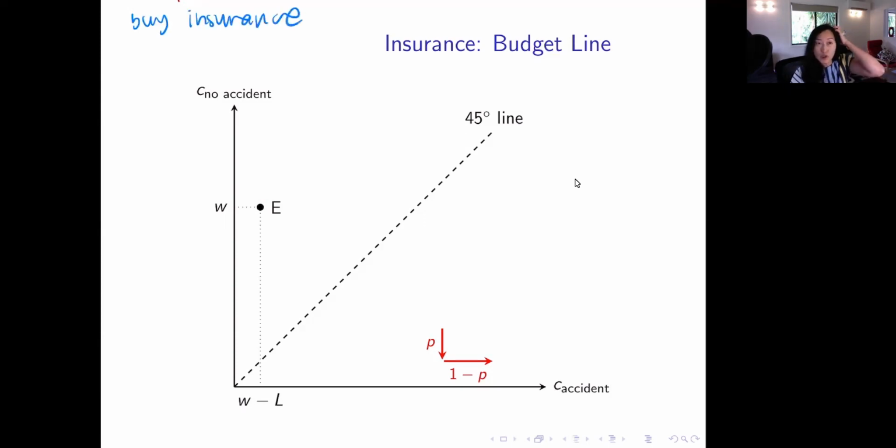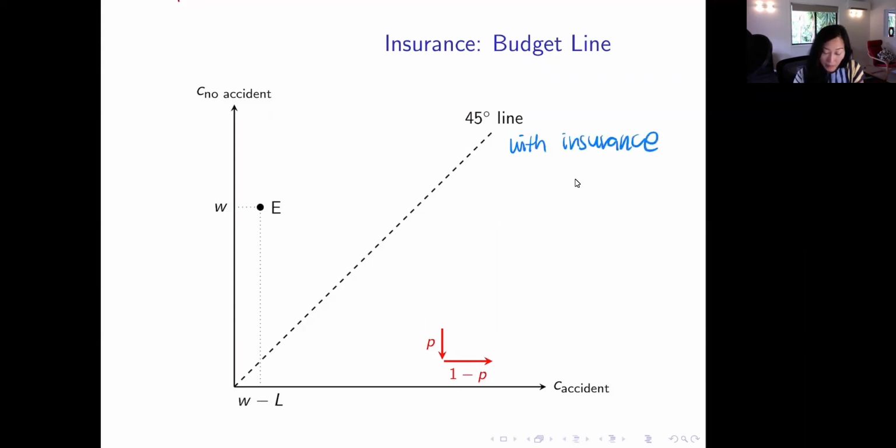If I buy insurance, then in state one, when there is an accident, what would happen with your wealth? And when you do not have an accident, what happens to your wealth? Let me work through it.